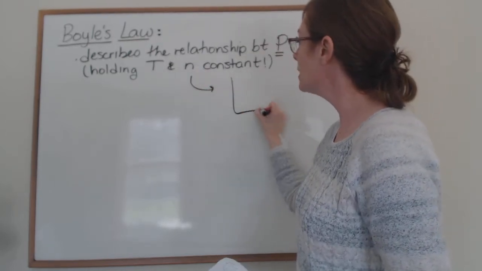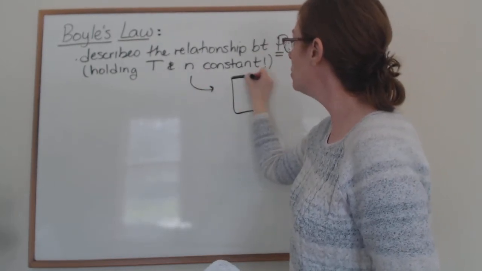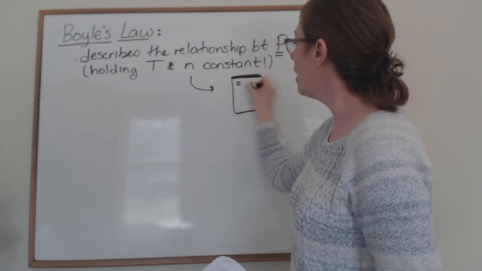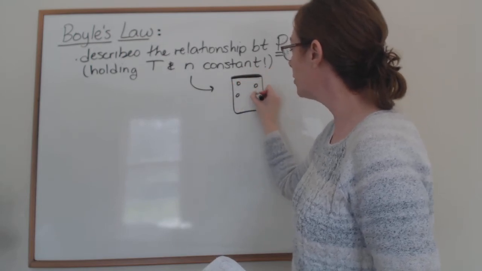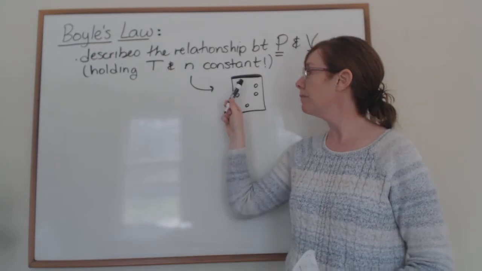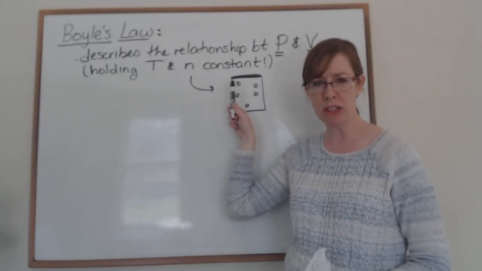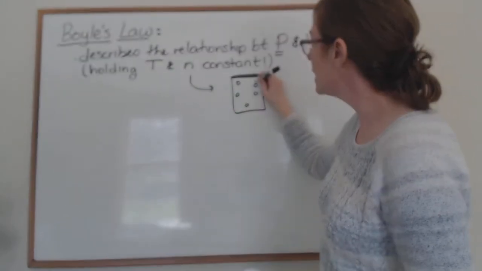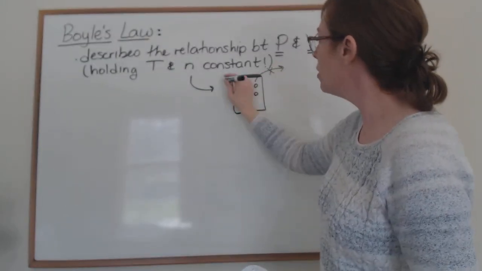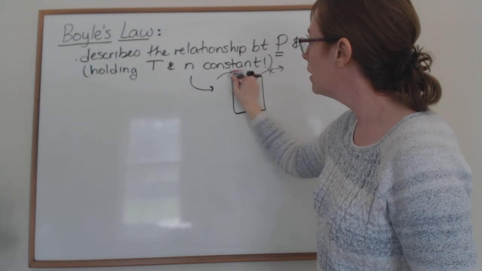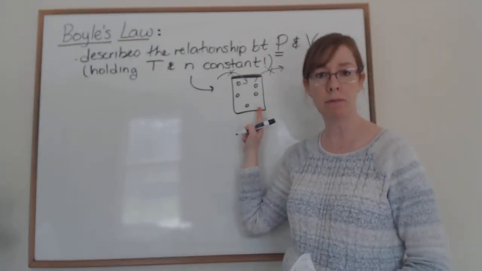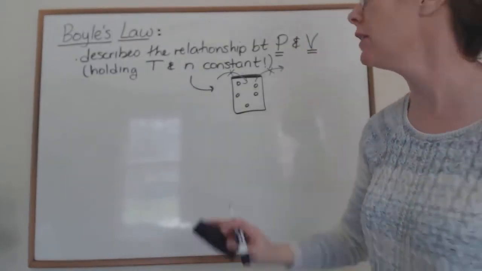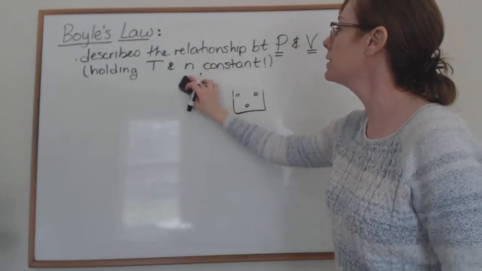If you have a gas sample, as long as you have a lid on the container, and there's no chemical reactions happening, no gases can escape and no gases can come in, so your number of moles will stay constant. It's as simple as that. Put a lid on the container. That will keep your number of moles constant.